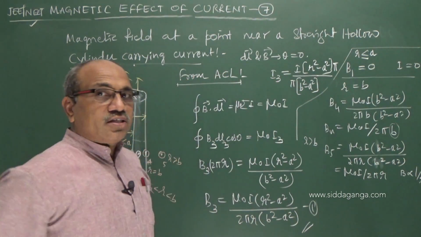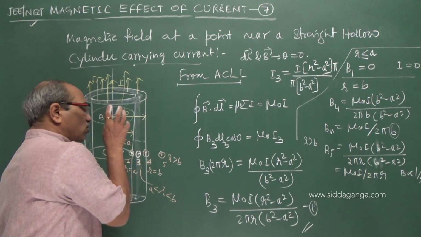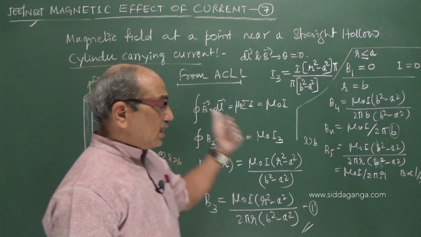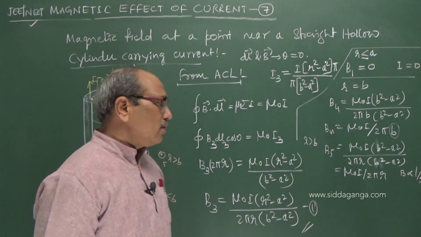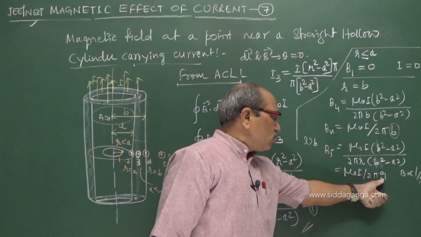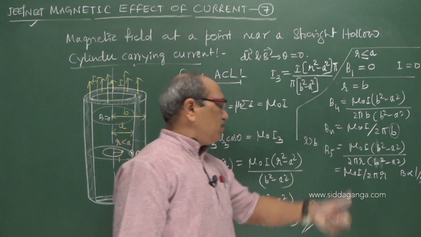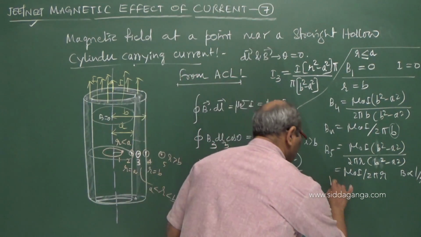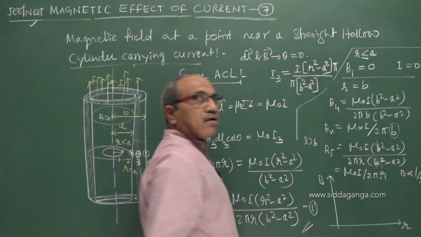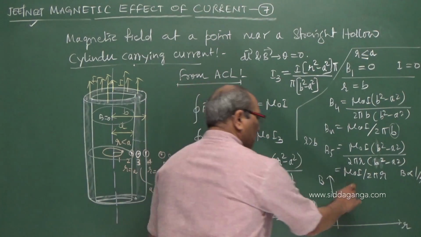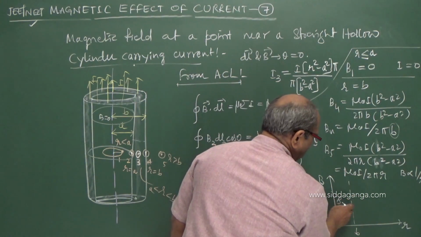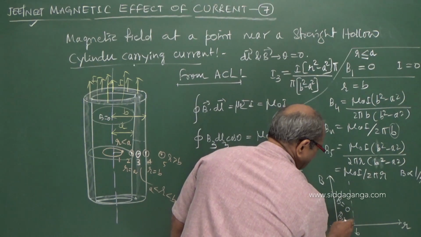There is no difference in the case of a hollow or a solid cylinder carrying current. Same at the surface and outside, because B is the radius of the cylinder, the field is maximum, then goes on decreasing for any value R greater than B. A graph can be shown for this hollow cylinder, R versus B. Up to the point B, the magnetic field is 0 inside the pipe.